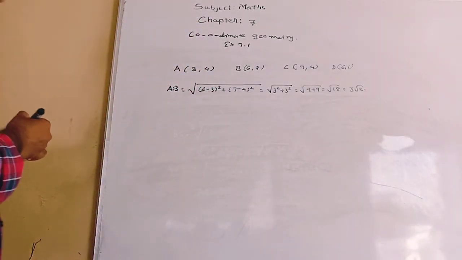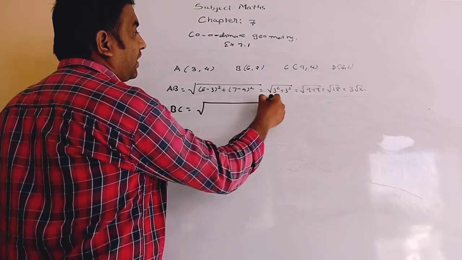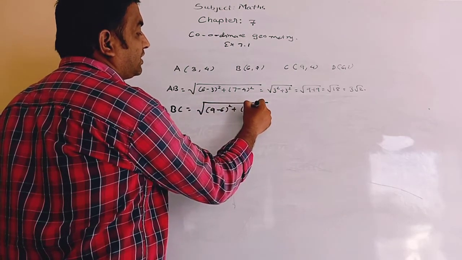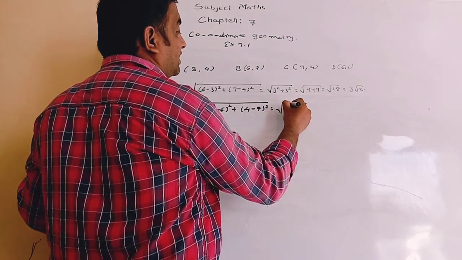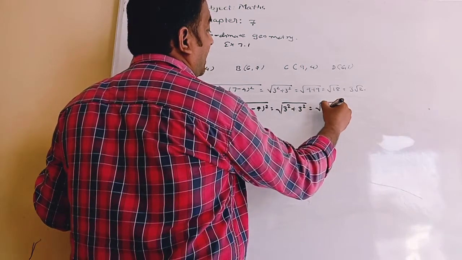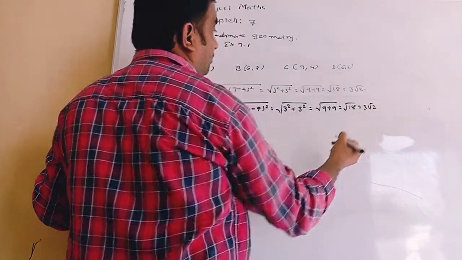Now another is BC. BC distance we find: (9 minus 6) square plus (4 minus 7) square, so again it is 3 square plus 3 square, 9 plus 9, root 18, so it is 3 root 2.